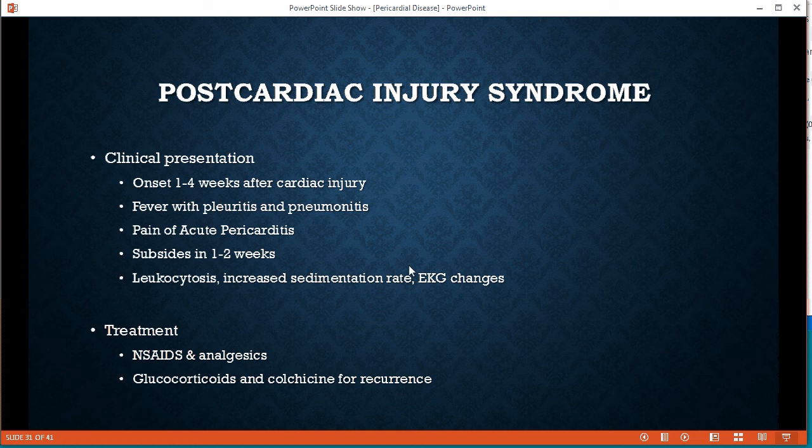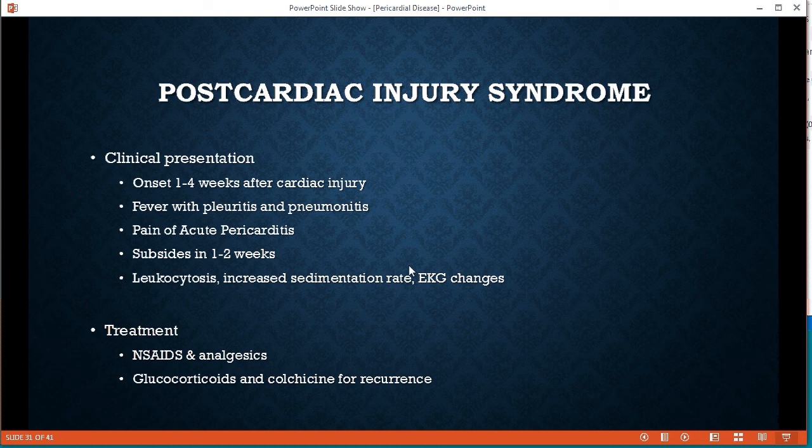It may not necessarily be a fever to 102 or 103, but it may be just higher than normal. Remember, a normal temperature is 98.6 plus or minus 1 degree. So if you have somebody who has a higher than normal temperature, say 100.4, that may be a sign that there may be something going on.